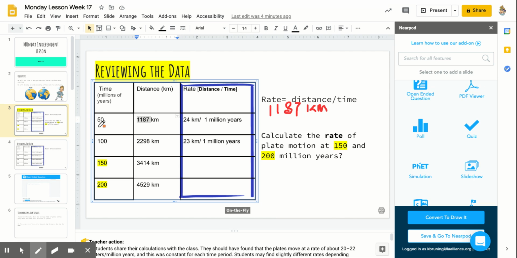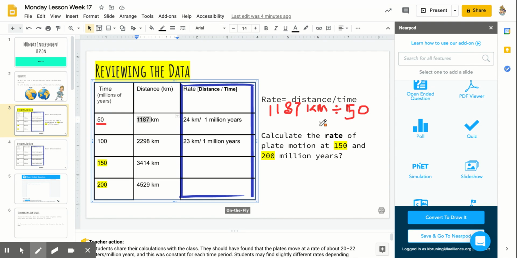And then we're using this time here to plug into our time. So over time, and I'll draw our division symbol here to make it extra clear. Divided by 50.